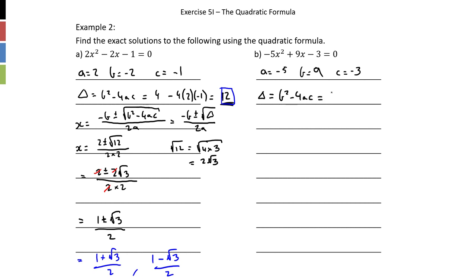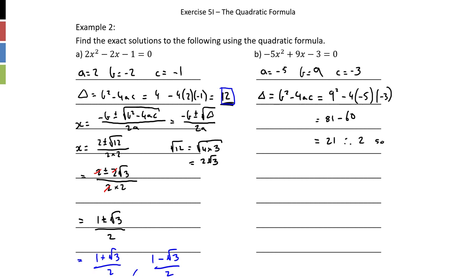It's equal to 9 squared minus 4 by negative 5 by negative 3. That's going to give 81 minus 20 by 3, minus 60. That's going to give us 21.